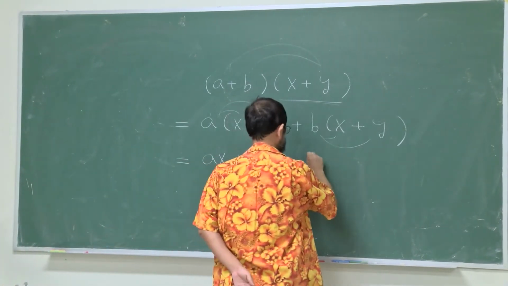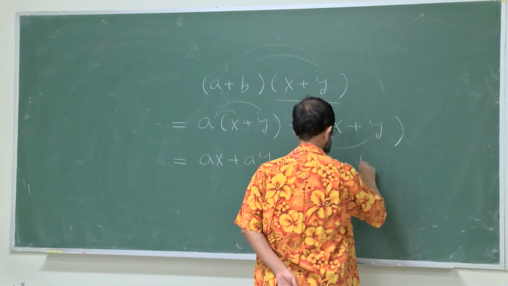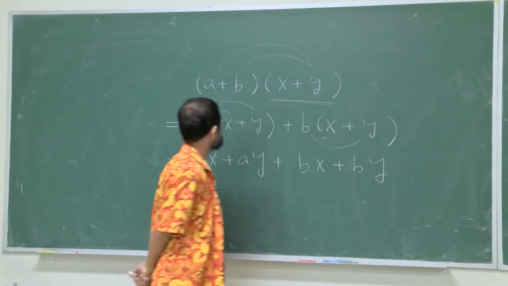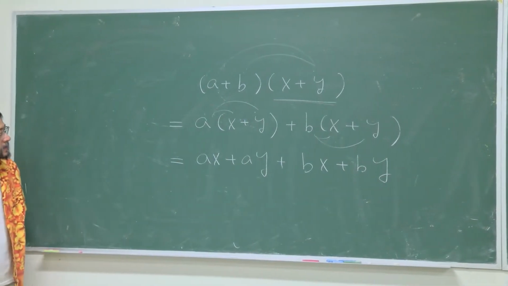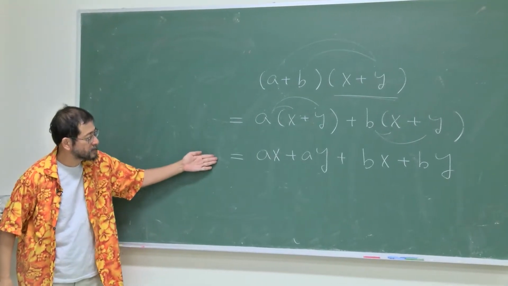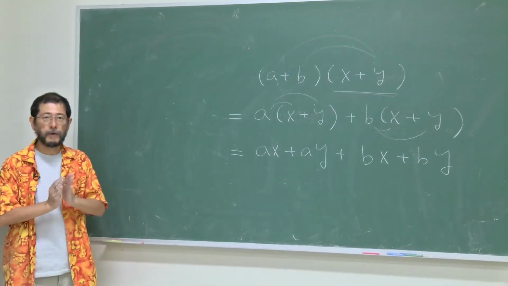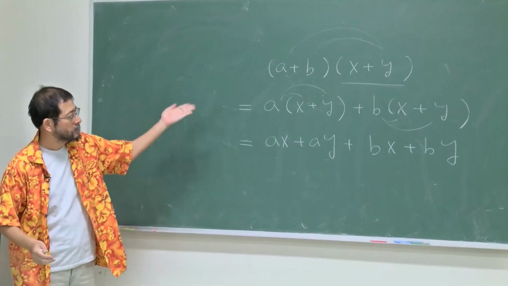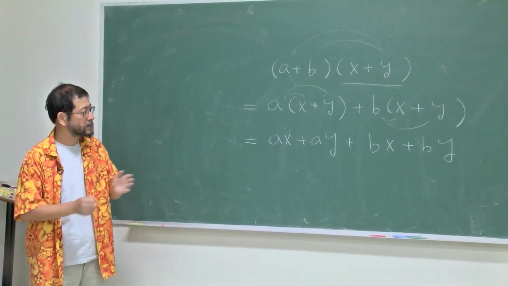So bx plus by. So like this, you use the basic rule, the distributive law, twice to get the result. So if you want, you can always do it this way, twice.